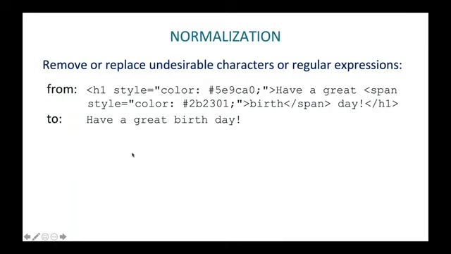The next thing that you want to do is some basic cleaning, and for that you have the normalizer. The normalizer is able to remove or replace undesirable characters. This example just cleans HTML, but sometimes you want to clean weird or unusual characters, lowercase everything, or make those kinds of simplifications of text.